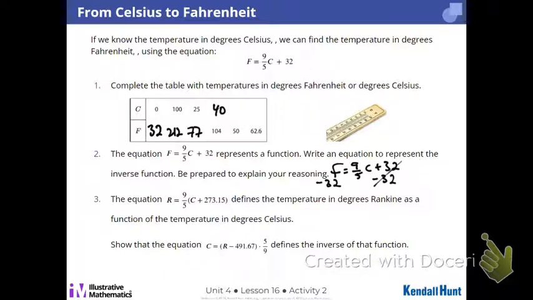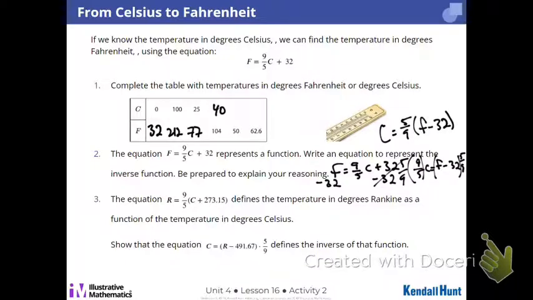That leaves me with 9/5 C equals F minus 32. Then I would multiply both sides by 5/9, which is the same thing as dividing by 9/5. And the result is that Celsius would equal 5/9 times F minus 32, or the Fahrenheit minus 32.